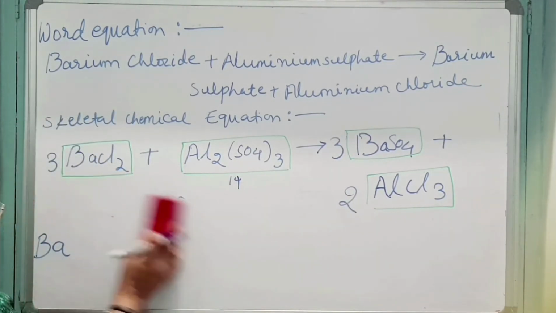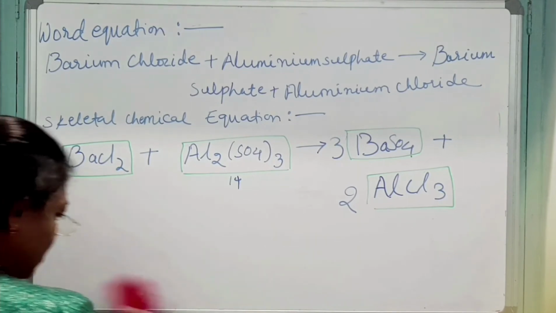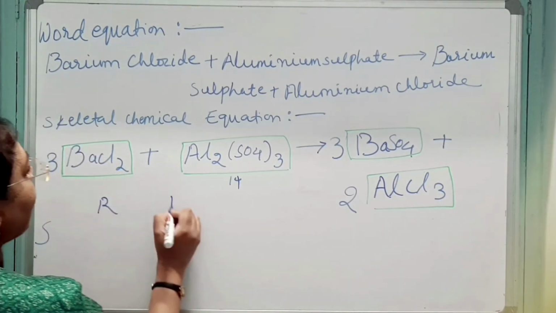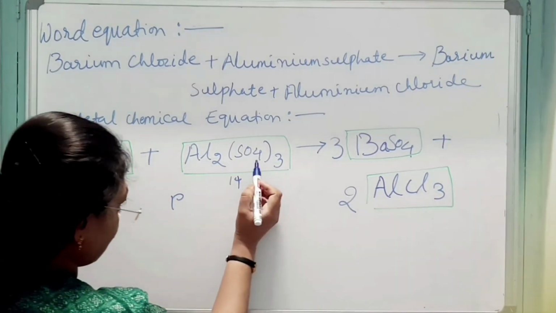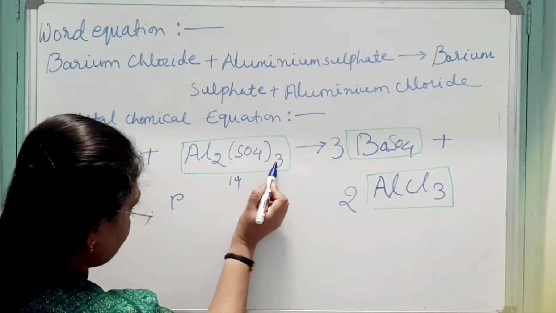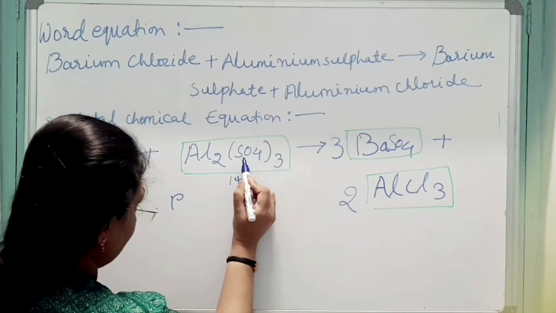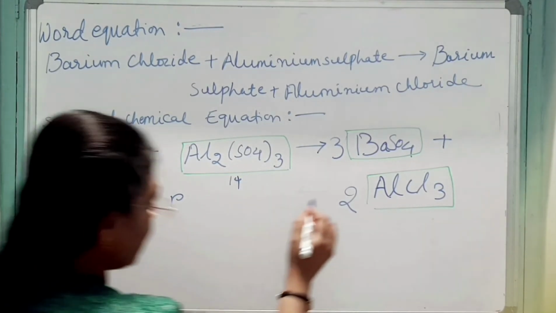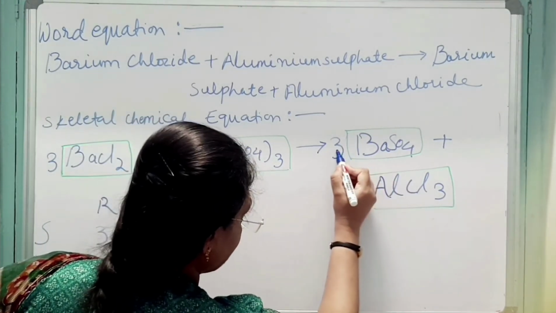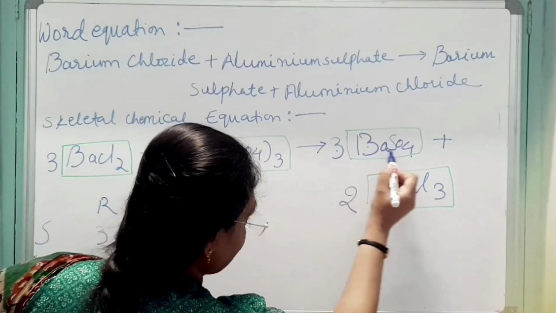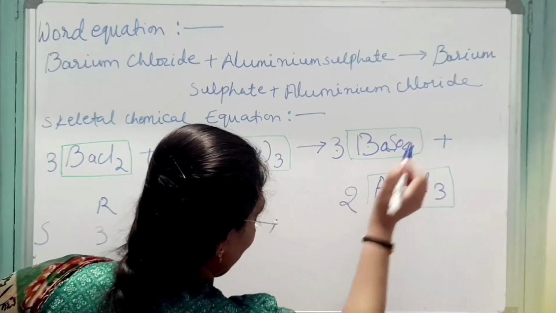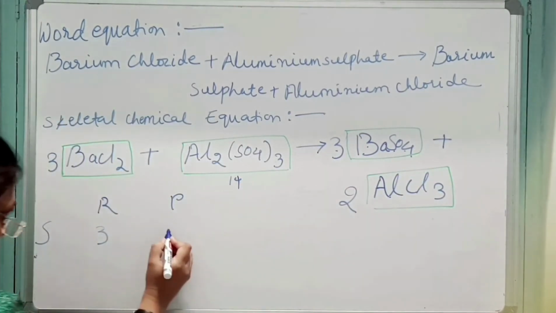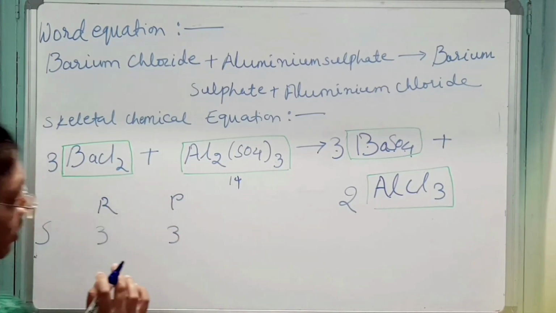Now comes the sulfur. Sulfur: how much is it? It is 3 on the reactant side, because this 3 is for oxygen and this 3 is for sulfur. On the product side it is 3 as well, because this 3 is for Ba, this 3 is for S, and this 3 is for O. So sulfur is balanced.